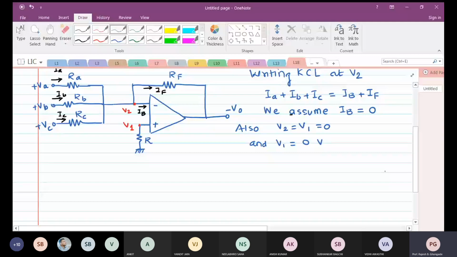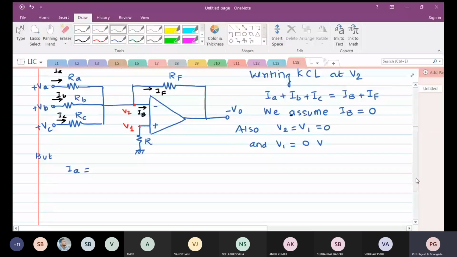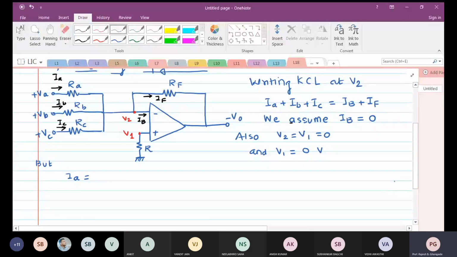Is that fine? But what is IA? How do you get IA? The current flowing in RA, how do you write it in terms of VA and RA? Using Ohm's law, simple.